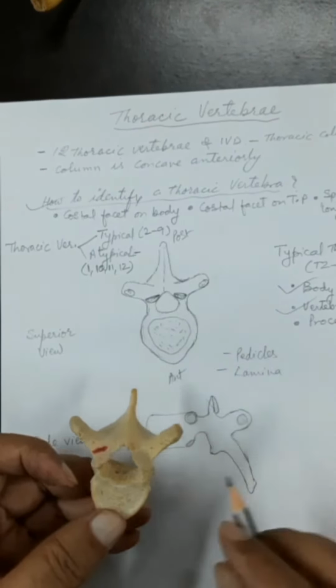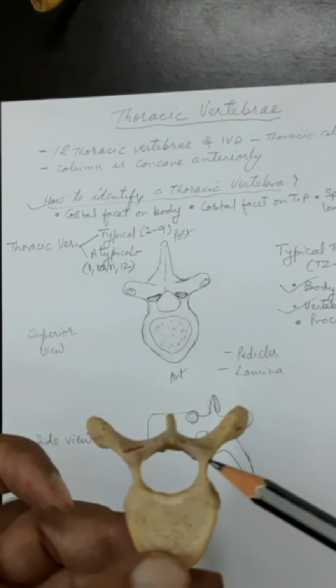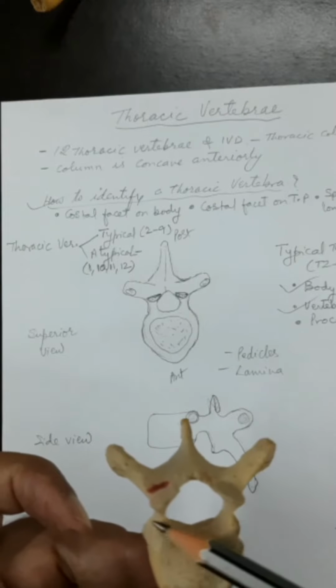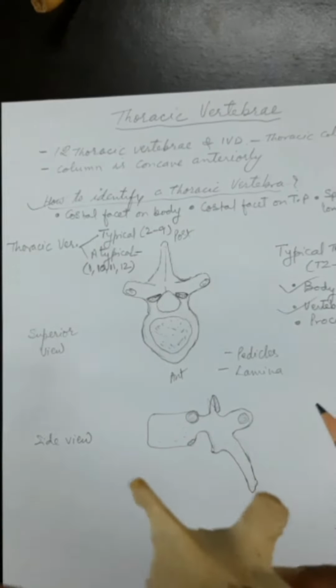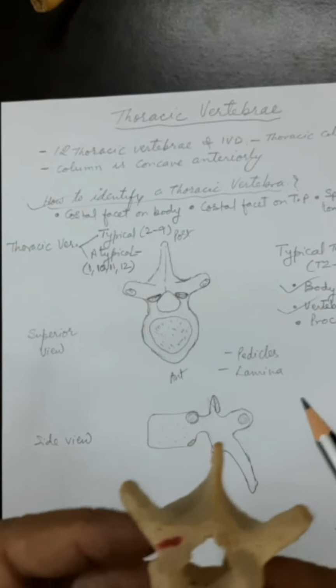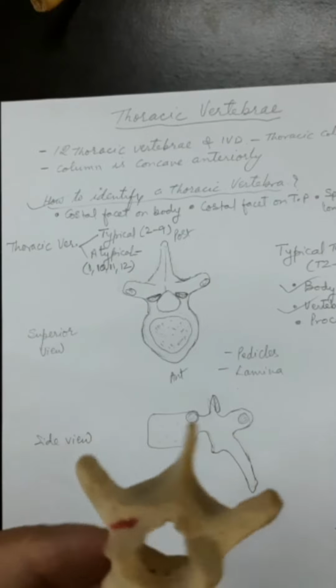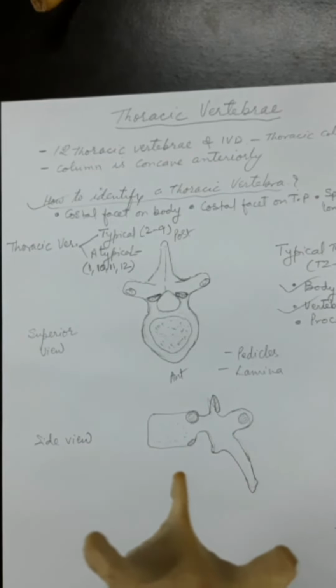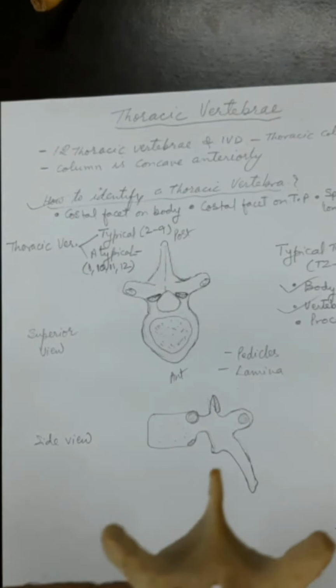So right and left pedicle. This bar-like bone which is taking origin from the posterolateral aspect of the body is the pedicle. Here they are thin, and they have a surface, inner surface, outer surface, superior border and inferior border in thoracic. But in other vertebrae, you will see that they are like a rounded bar-like structure.